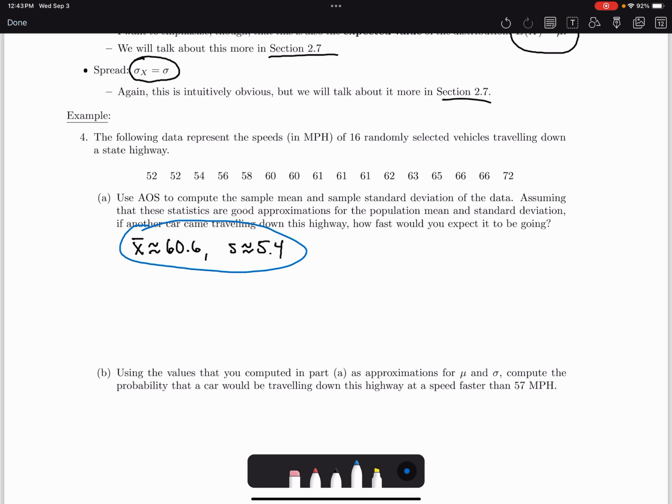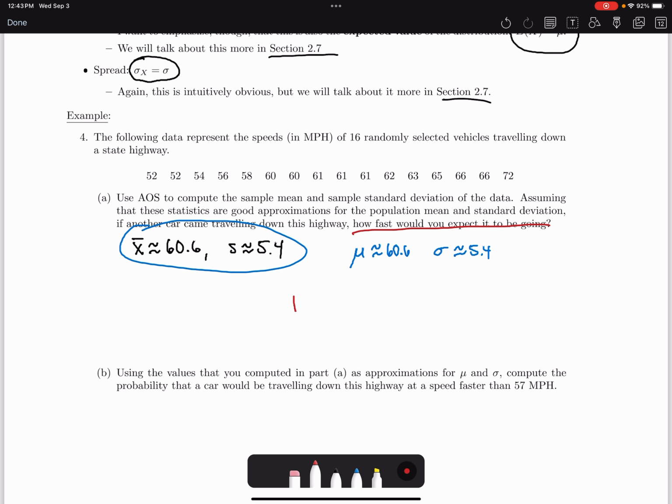In other words, we're meant to assume that mu is pretty much 60.6 and that sigma is pretty much 5.4. Operating under that assumption, we're asked, how fast would you expect the car to be going if another car came barreling down the highway?